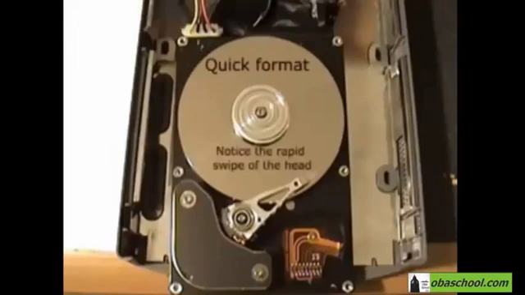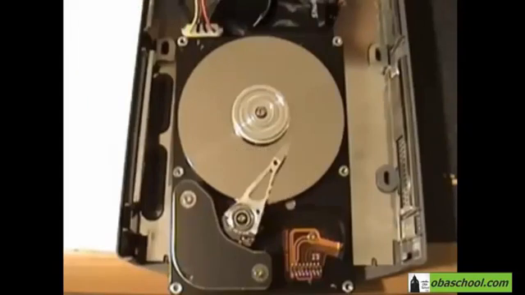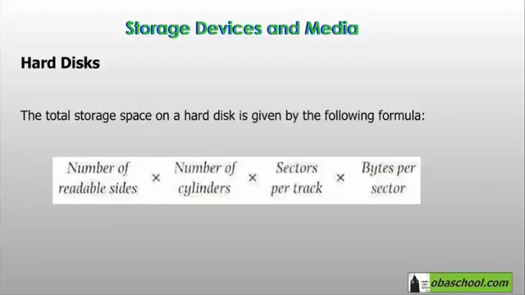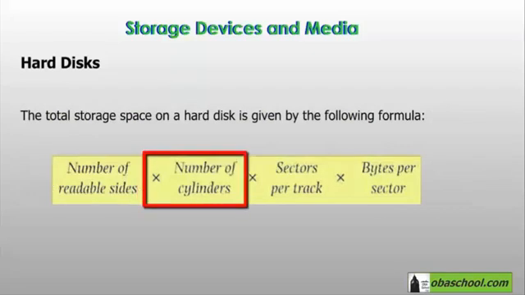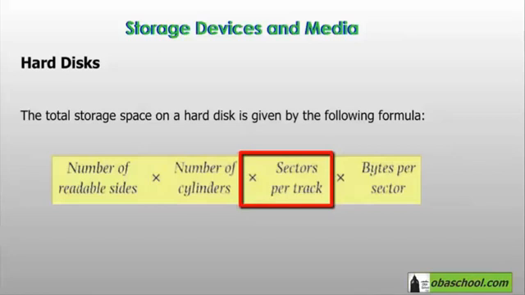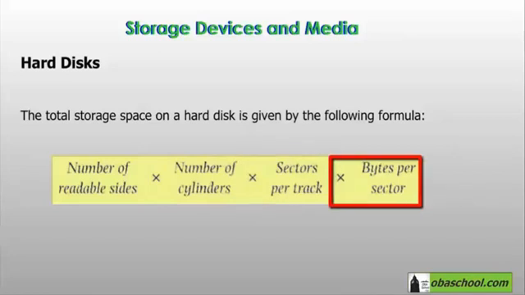And now we are going to talk about the speed of the hard disk. And now we have some calculations to do for the hard disk. The total storage space on a hard disk is given by the following formula. First, the number of readable sides multiplied by the number of cylinders, which is multiple tracks on different platters in the same location, multiplied by sectors per track, multiplied by bytes per sector.